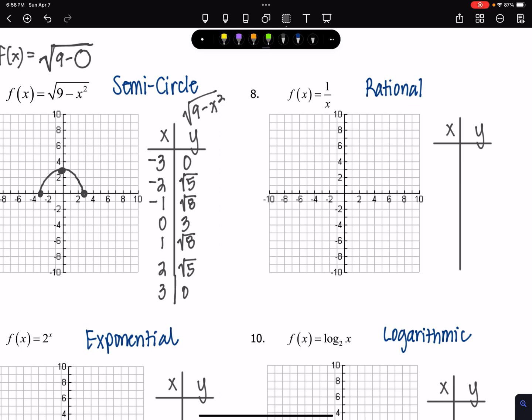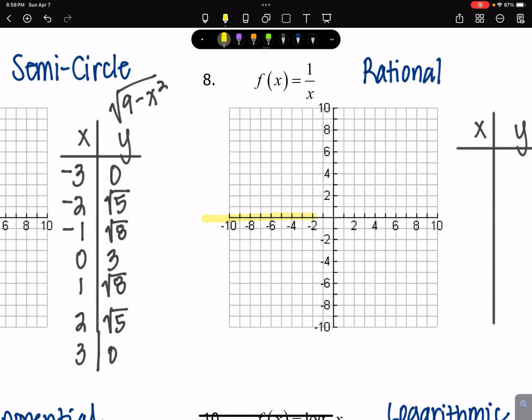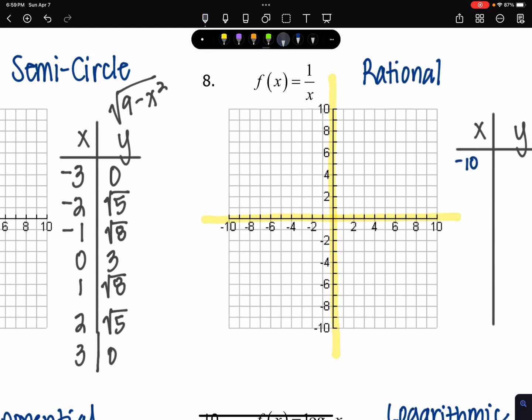The rational function f of x equals 1 over x has a horizontal asymptote at y equals 0, and it has a vertical asymptote at x equals 0. If I put a negative 10 in for x, I would have 1 over negative 10, which is negative 1/10. If I put a negative 5 in for x, I would have 1 over negative 5, which is negative 1/5.